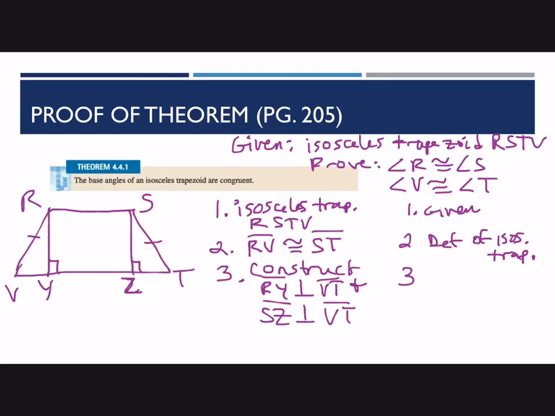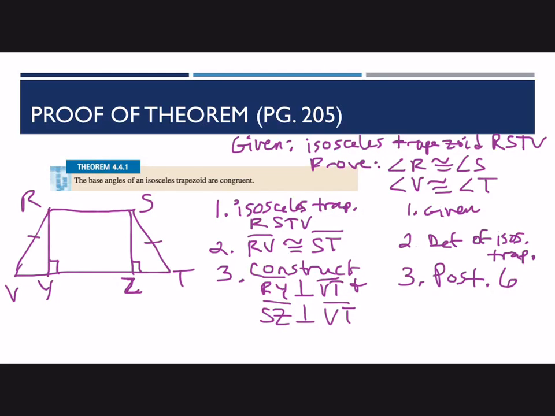All right, and a reason for that, if you flip back through to some of the initial postulates, we have postulate 6 to construct the line that is perpendicular to a given line. So we're constructing ones perpendicular to VT from points not on the given line, so from R and from S. Okay, so that's postulate 6.